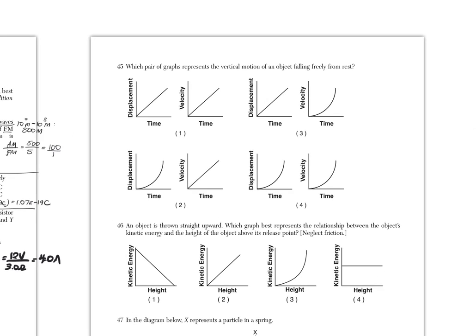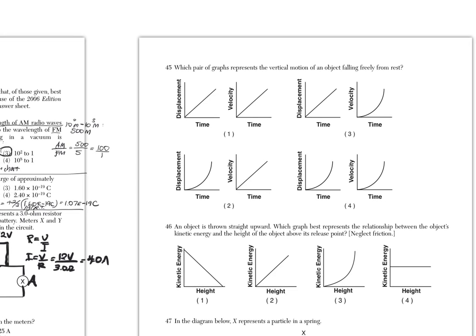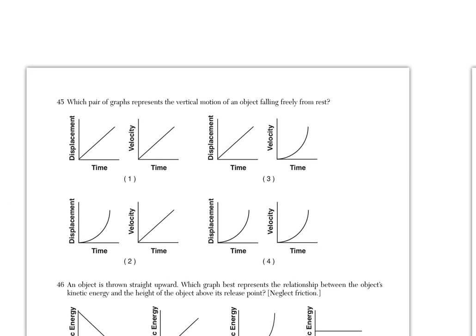Let's keep going. Okay, 45, we got some motion graphs, and it says vertical motion for an object falling freely from rest. So going down the list, we have acceleration, and actually the acceleration is negative. But that would be a constant acceleration at roughly negative 10 meters per second squared.